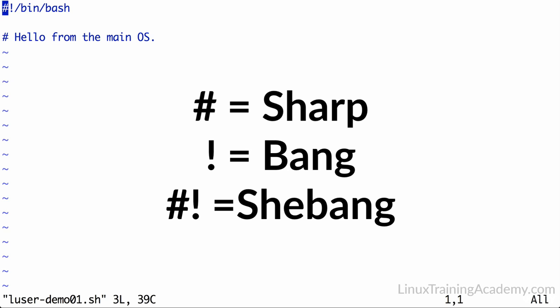If you've ever played music or read music, you'll know that the hash looks very, very similar to a sharp sign in music. So a lot of people call the hash mark or hash symbol sharp. As far as the exclamation point, slang for that is bang. So we have sharp, bang, but an inexact contraction of those two words is shebang. So that's where shebang comes from.